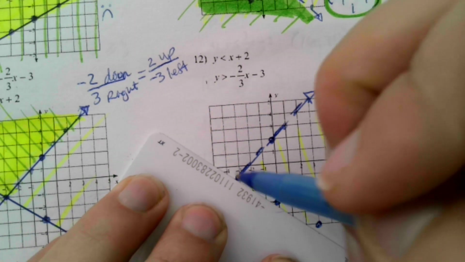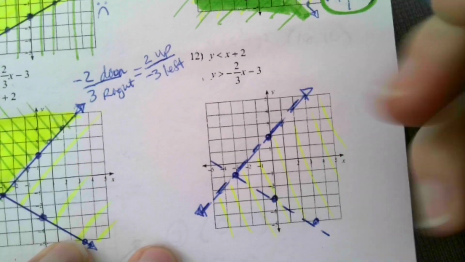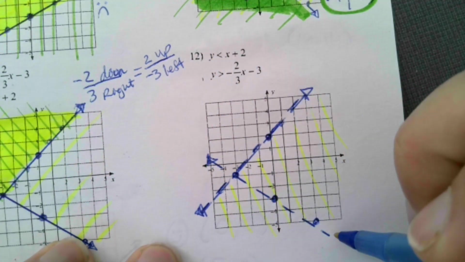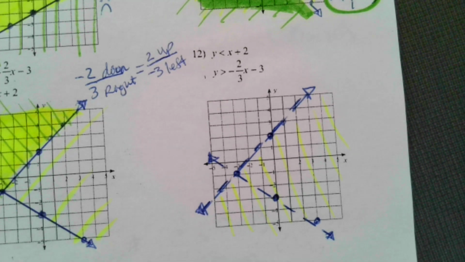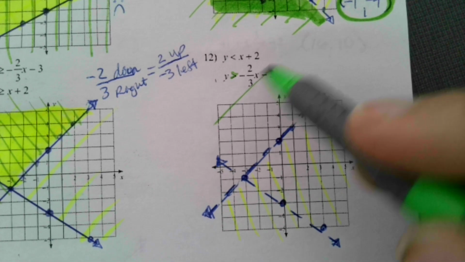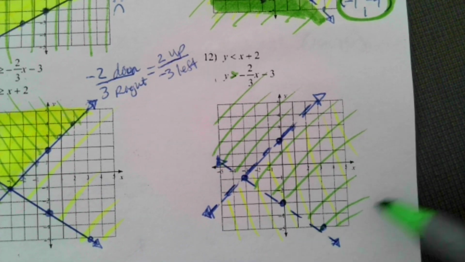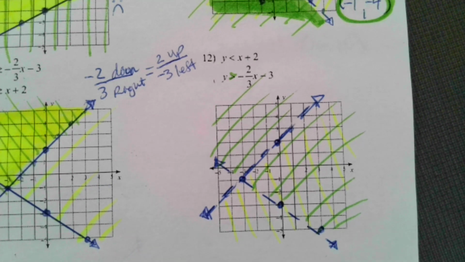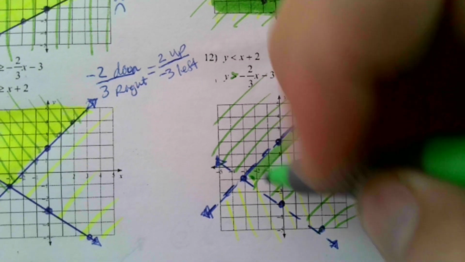Dashed, which means we can't use those lines. Are we shading above or below? On the second line? We're shading above, right? Okay, so we're going to use this area.